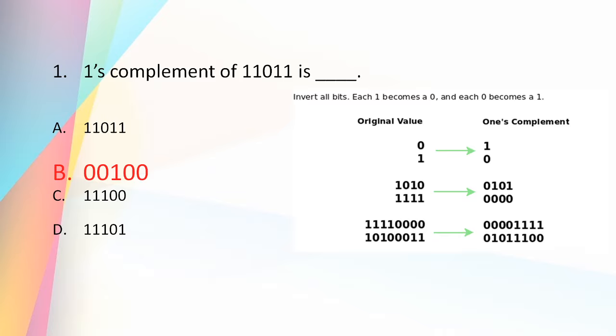The ones complement of any binary number can be found just by inverting each bit in the binary number system. That is, you have to change zeros into ones and ones into zeros. So 11011 will result in 00100. Few more examples are shown.